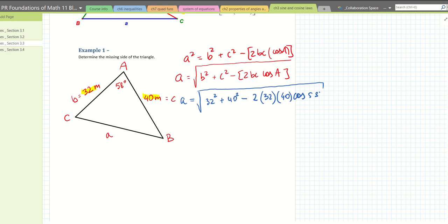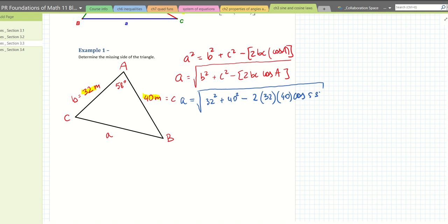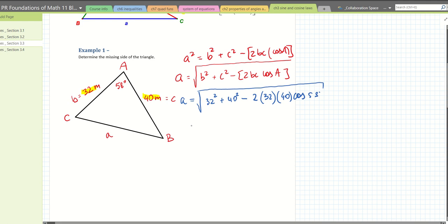Next, you're going to take your calculator. You're going to do all this on the calculator. So you're going to do 32 squared. Make sure you know how to use the square button on the calculator. So you have 32 squared plus 40 squared. You get 2,624. Now, normally I wouldn't split this, but just for the first example, I'll show you what I've done so far. So just these two numbers, 32 squared plus 40 squared, give you 2,624.